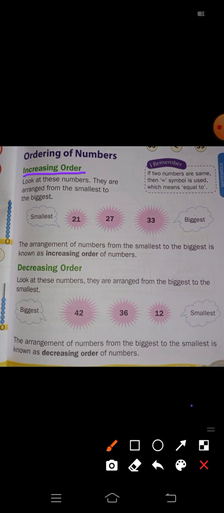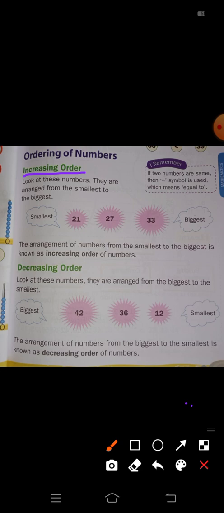Like that only, increasing order means numbers also you have to arrange from smallest to biggest. Numbers are arranged from smallest to biggest. That is increasing order.